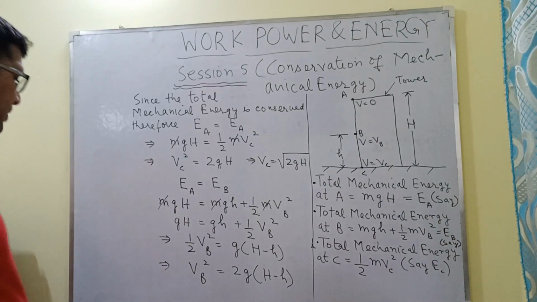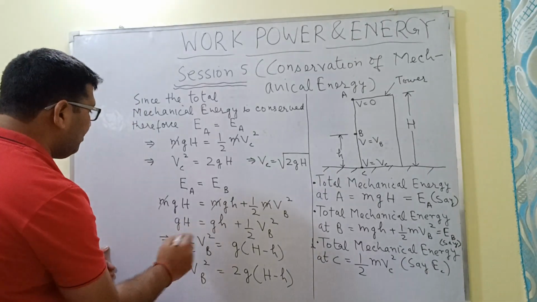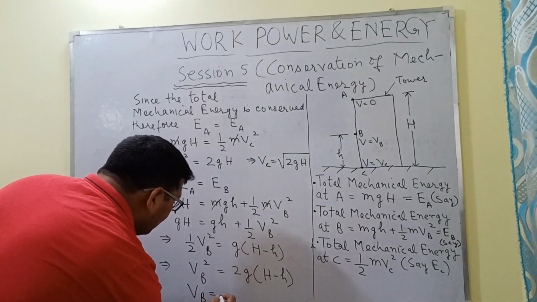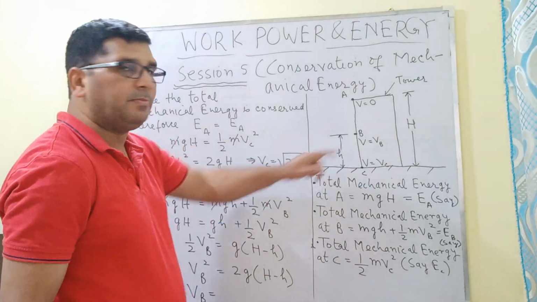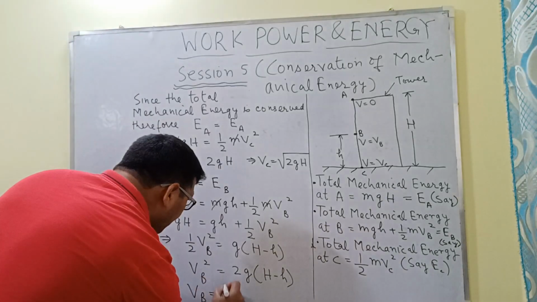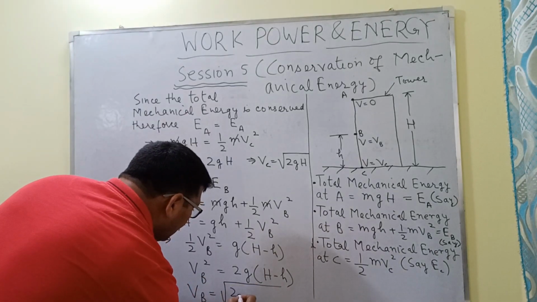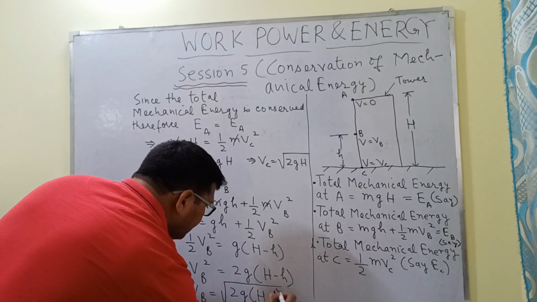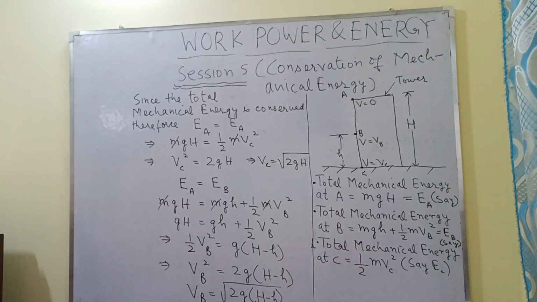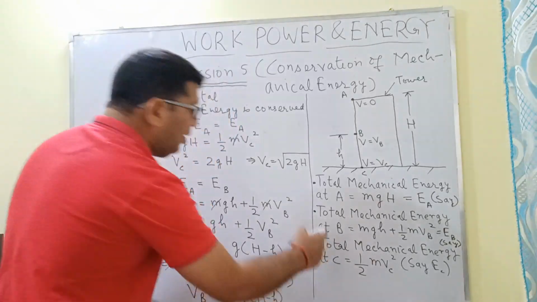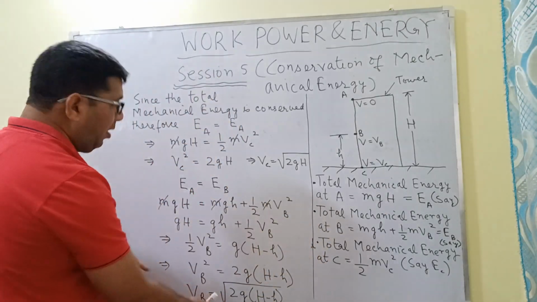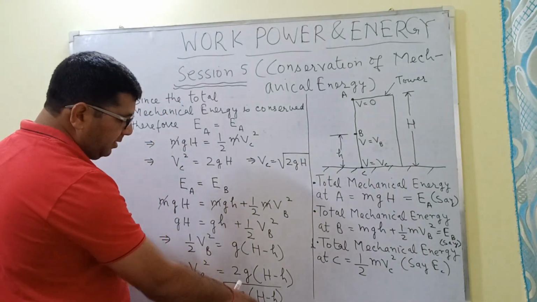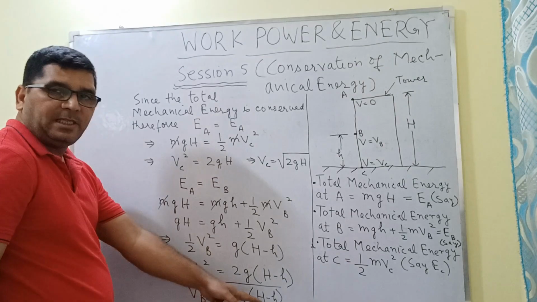Okay, so we can say that the velocity of the ball at this point B will be equal to under root of 2g(H minus h).